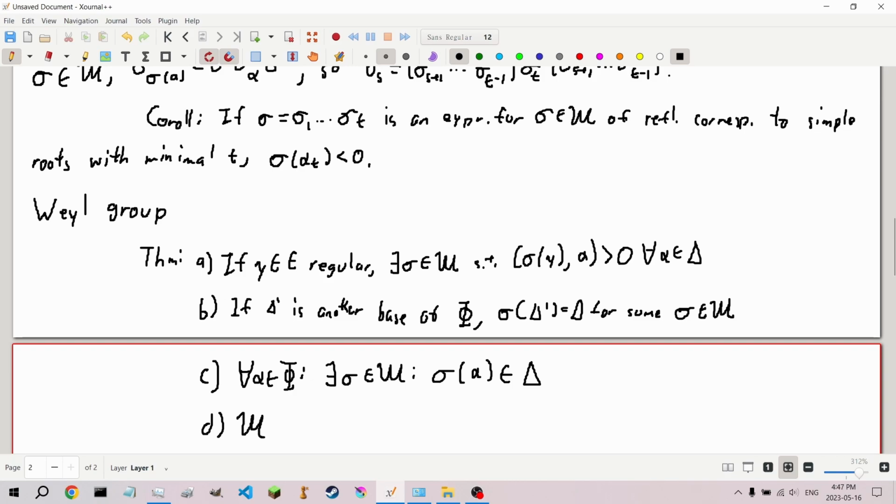(D) We say that the Weyl group is generated by the σ_α for α in the base.